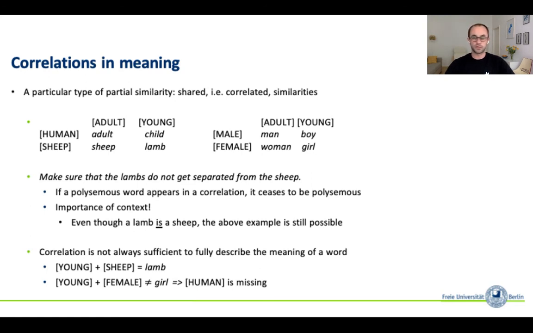For example, a feature such as plus young and plus sheep will unambiguously give us the meaning lamb, but the features plus young plus female or plus young plus human will not give us the meaning of girl. There we would need all three features to get that meaning: young, female, and human.